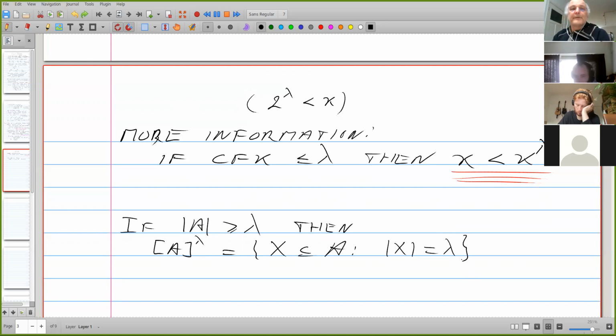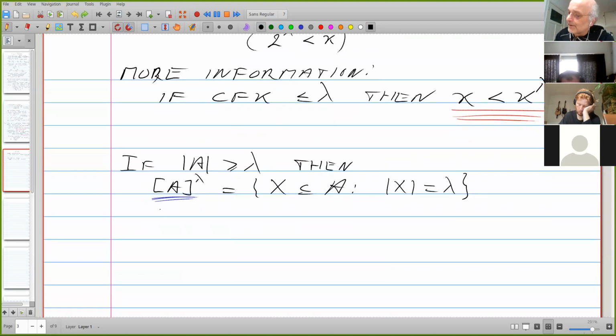The family of subsets of A that have cardinality exactly lambda, we collect those in this abbreviation here. And now you can, for yourself, invent what these mean.